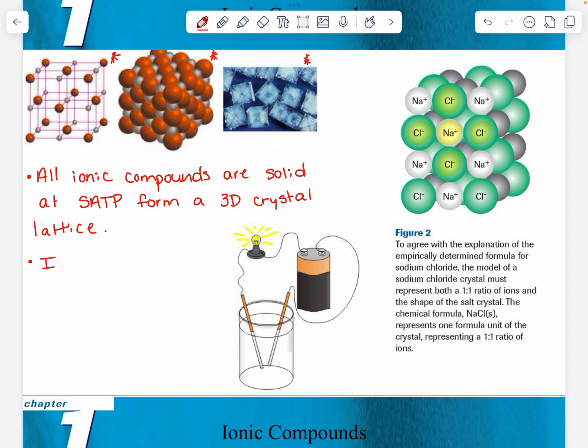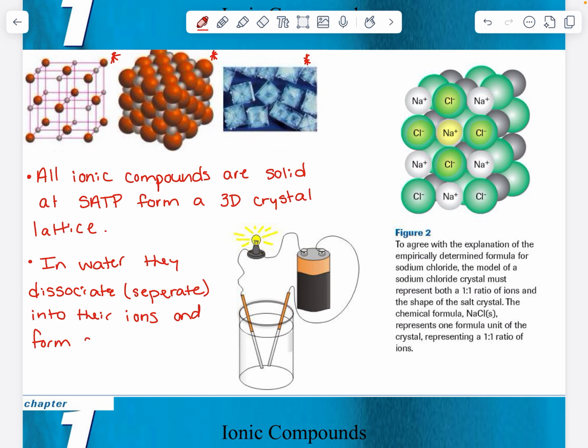So in water, they dissociate, which just means to separate, into their ions, and form conducting solutions.